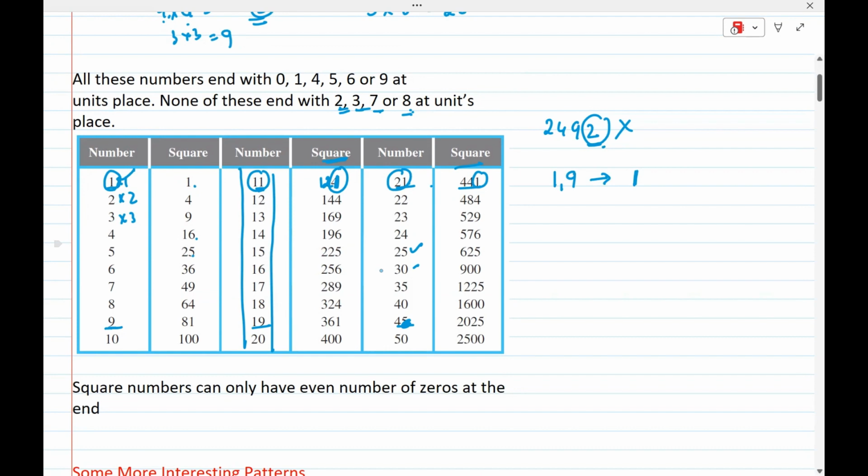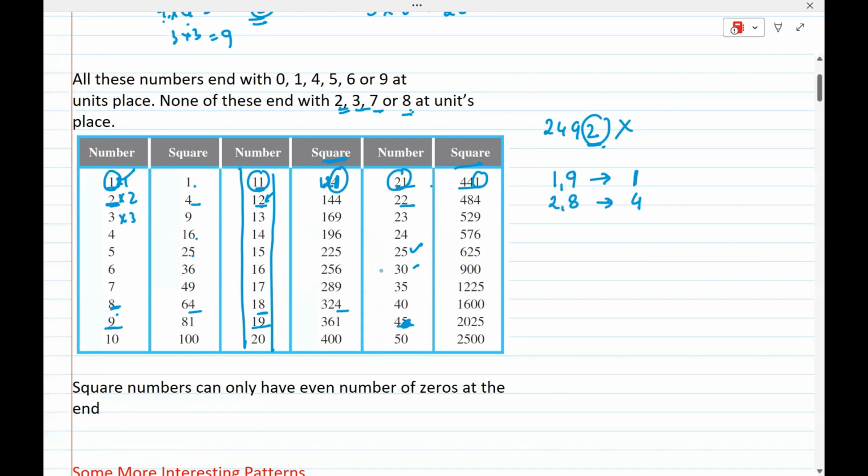Same way, if a number ends with 2, like 2 square is 4, 12 is also ending with 2, same way 22, its square will end with 4. Same way 8. If the end number is 8, its square will end with 4. So 18 has 324 and so on.